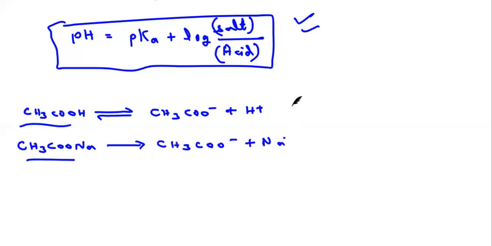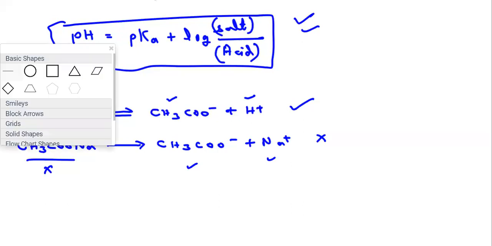So the first reaction is in equilibrium, but that one is not. In the final solution we have CH3COOH, we also have the ion H plus, we have this ion, but we don't have this, because it is already converted into that. It is not in equilibrium. So all these reactions are giving you a particular pH.